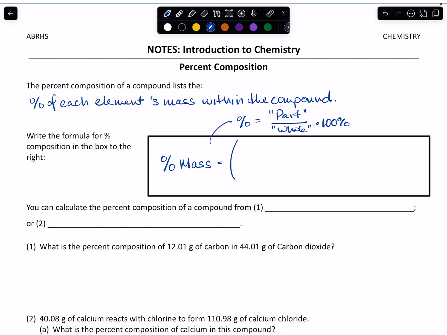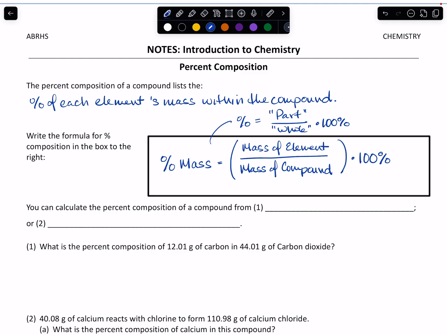The percent mass is the mass of the part, which in this case is going to be the element that you are looking at, divided by the mass of the whole, which is going to be the compound. And then you multiply that by 100%. So it's still a part divided by whole. It's just a specific application. So it's element divided by compound.